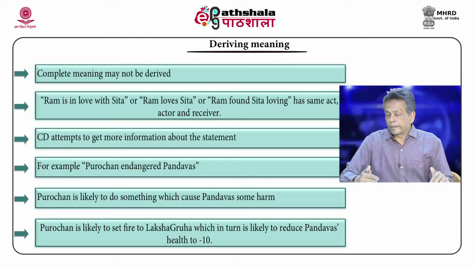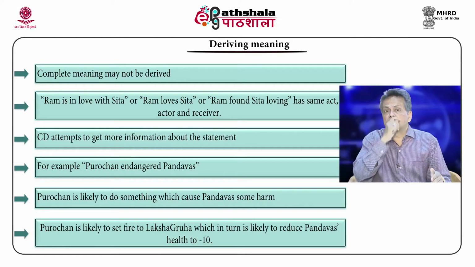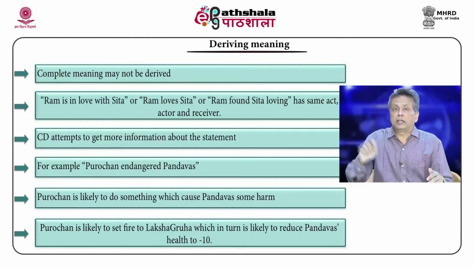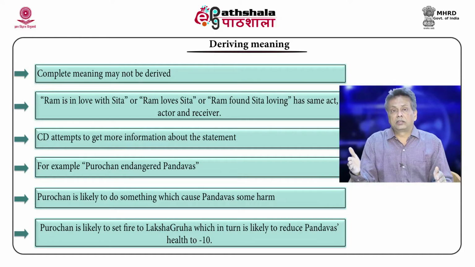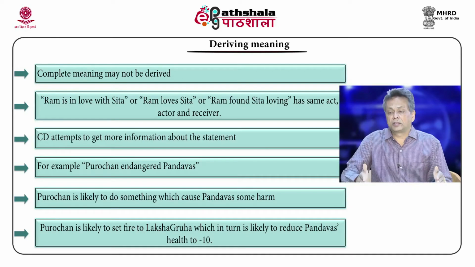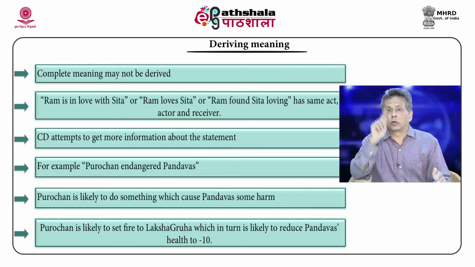For example, one typical example I could quote from Mahabharata is "Purochan endangered Pandavas." Now, this is a statement that you probably encounter reading. Here the meaning that CD gets out of this is that Purochan tries to do something which reduces Pandavas' health, and that is actually a very important representation, because it involves something which is a question mark.